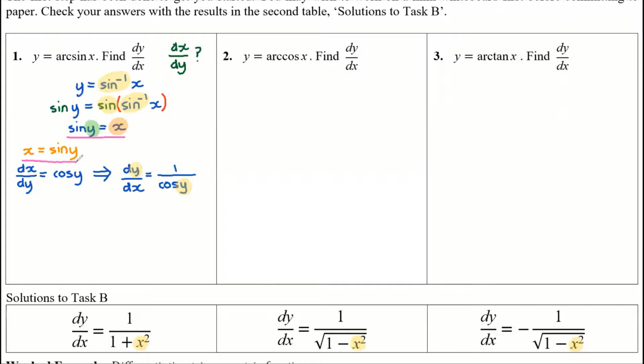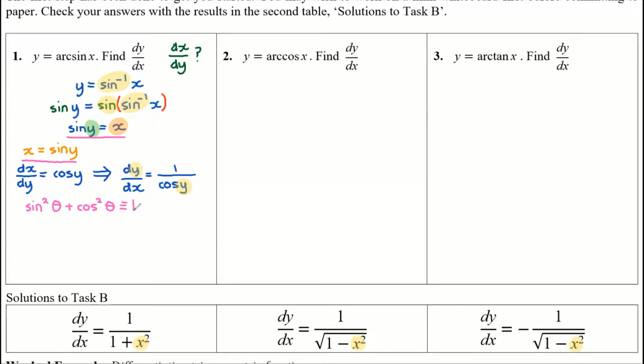So do I know an identity that links sine and cosine together and nothing else? Well, of course I do. I know that sine squared, I'll just write it in terms of how it appears in the textbooks and the formula booklets and things like that. We know this, don't we? This is an identity true for all values of theta.